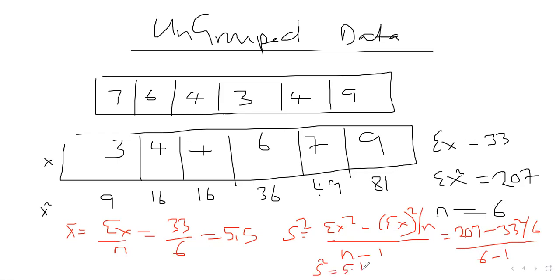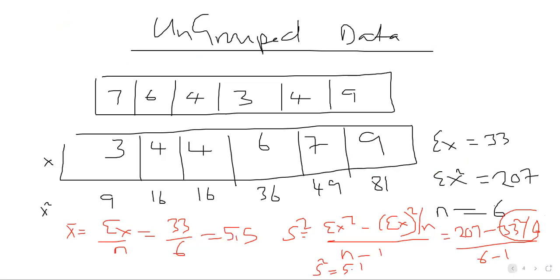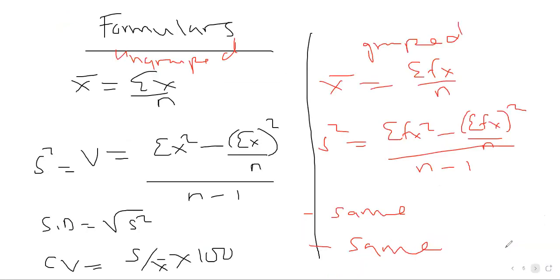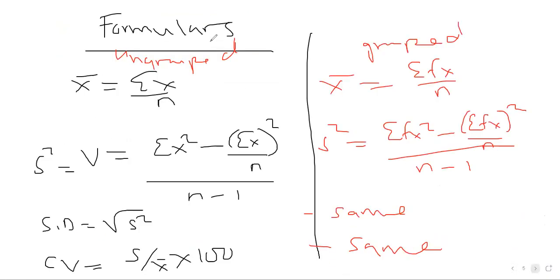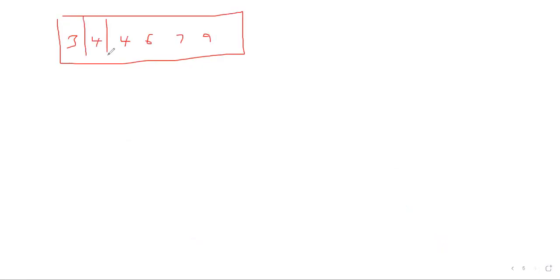But you need to be methodical. Follow it step by step. Start from 33 squared over 6. Here we're looking at the variance, still using this data set: 3, 4, 4, 6, 7, 9.